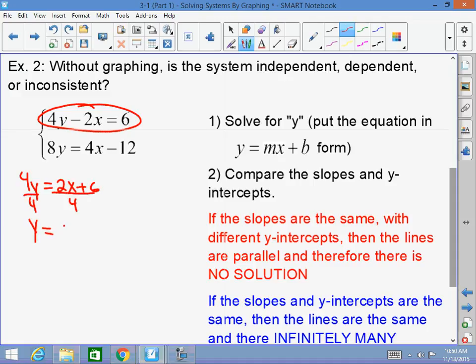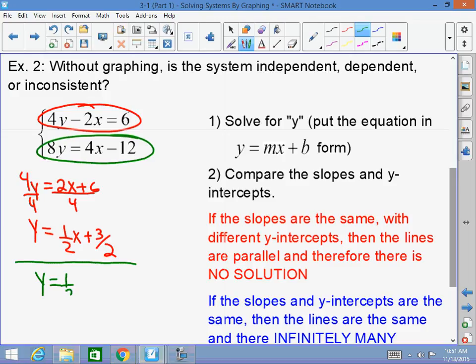So y equals 1 half x plus 3 halves. Now, let's solve for this guy. Let's go ahead and divide by 8 to both sides. So y equals 1 half x minus 3 halves.